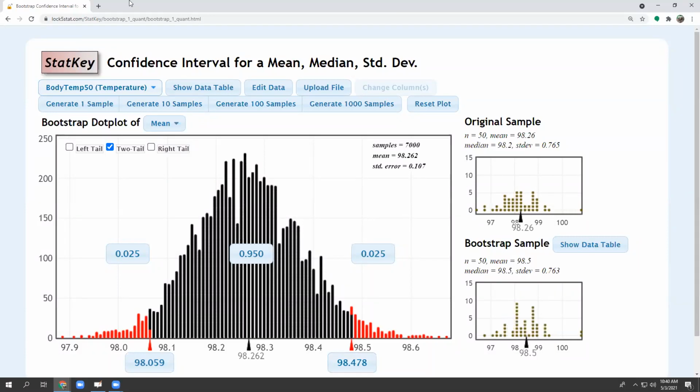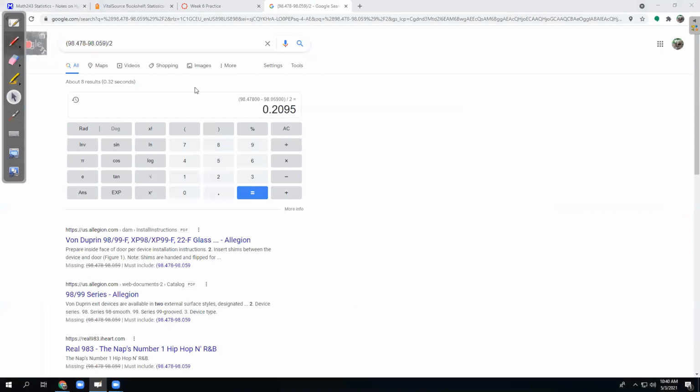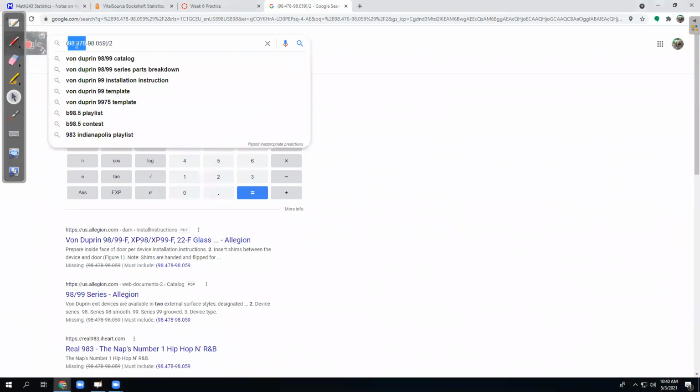Right. So when you did your margin of error, you said 99 something. Oh, thank you. I got 98 here, 98.4. Maybe I misspoke, but I don't think I mistyped. 98.478, oh, okay. 98.059. Yeah, sorry if I misspoke. I think I got them typed correctly.